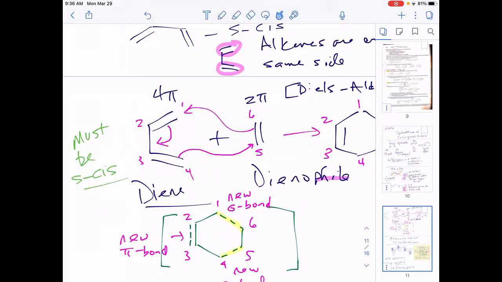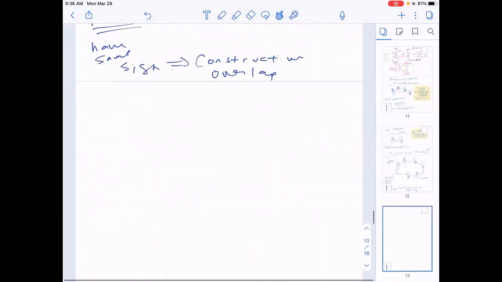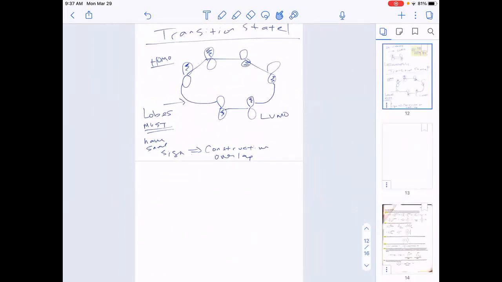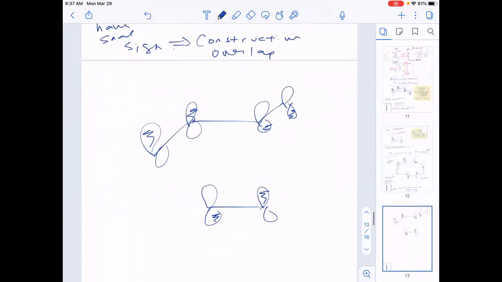So we come down to here, and let's just say for the sake of argument that the diene is not, that it is S-trans. And then you still have your LUMO here.